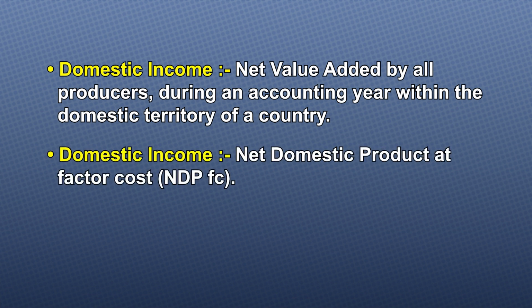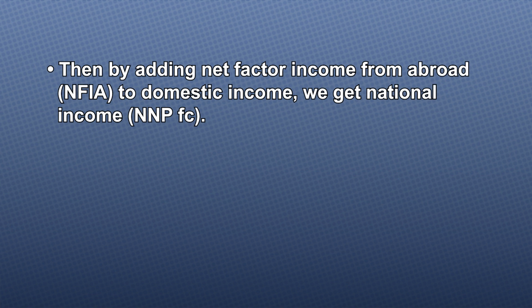This total is called net domestic product at factor cost, NDP FC, which is also known as domestic income. Then by adding net factor income from abroad, NFIA, to domestic income, we get national income, NNP FC.